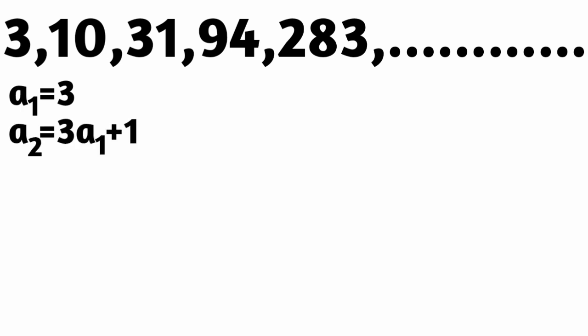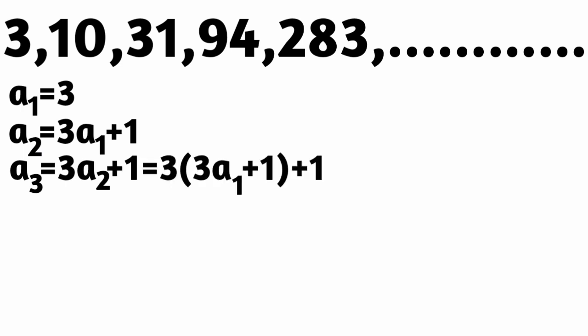Let the first term of the given series be a1, which is equal to 3. Now the second term of the given series in terms of a1 will be a2 is equal to 3a1 plus 1, where a2 is the second term. Similarly, the third term of the given series in terms of a2 is given by 3a2 plus 1. Again we will change this term in the form of a1.